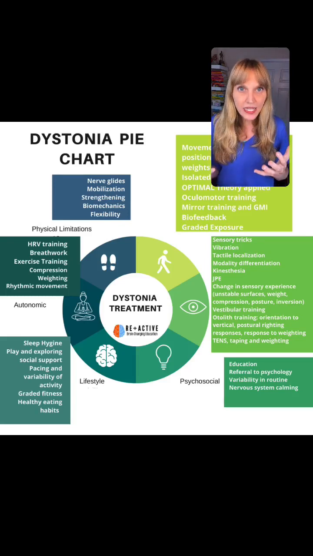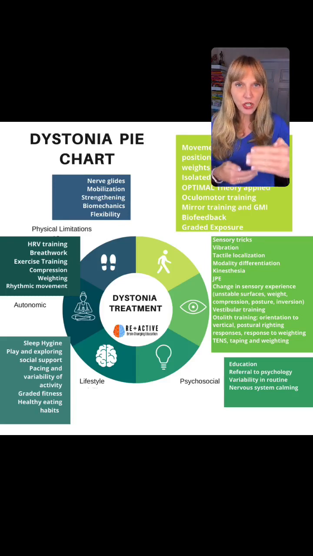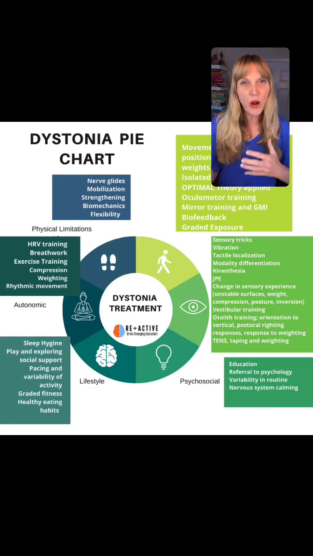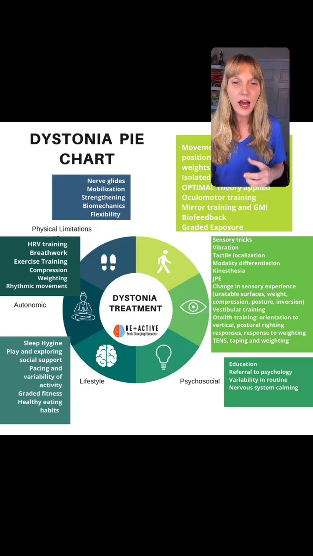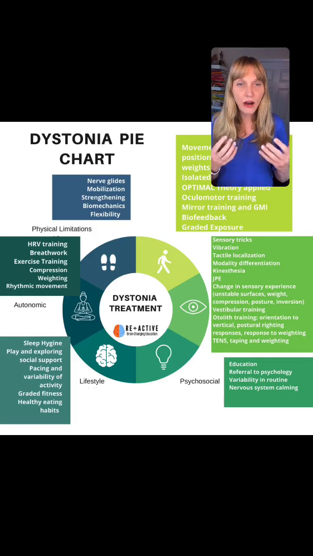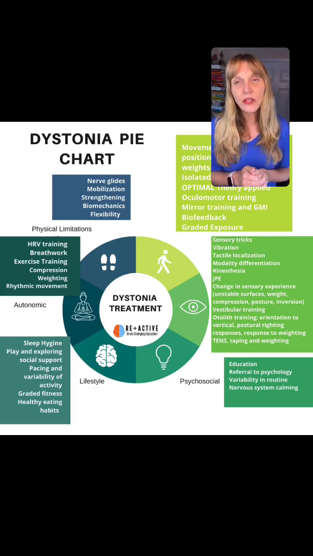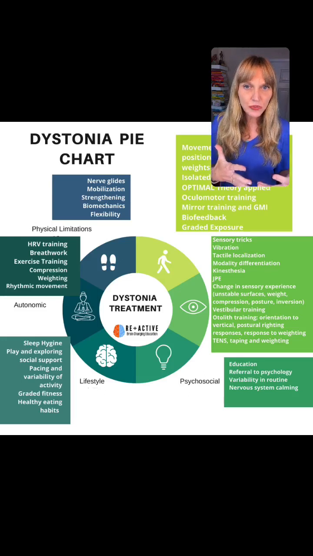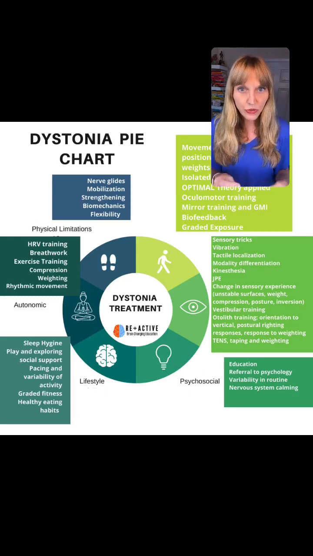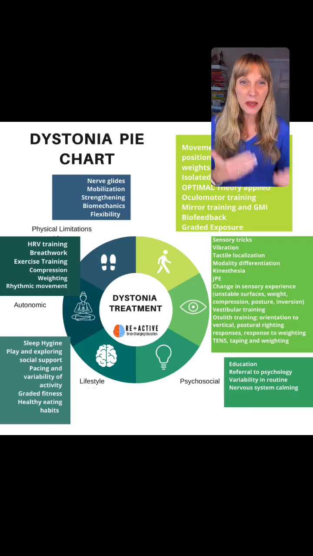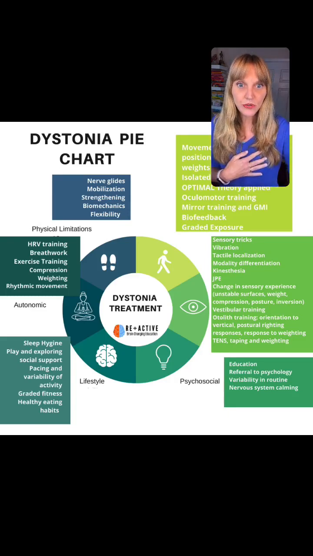We would address these all, and they're very person specific. So we need to assess these areas to determine what might be contributing to a person's trouble in dystonia, and then we treat that. For example, the young girl I met today, where there seemed to be an autonomic or maybe sensory trigger for her cervical dystonia, that piece of the pie, the sensory and autonomic piece, might be really big, and we would address those pieces.